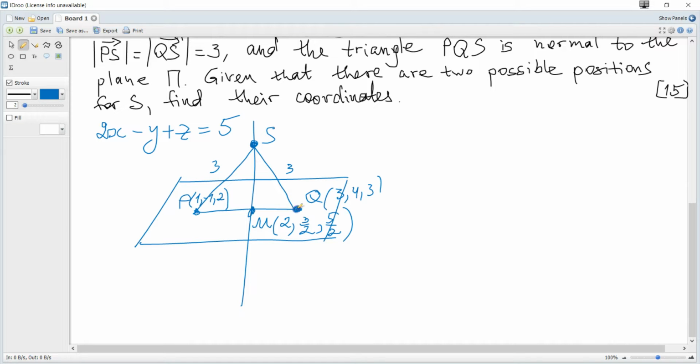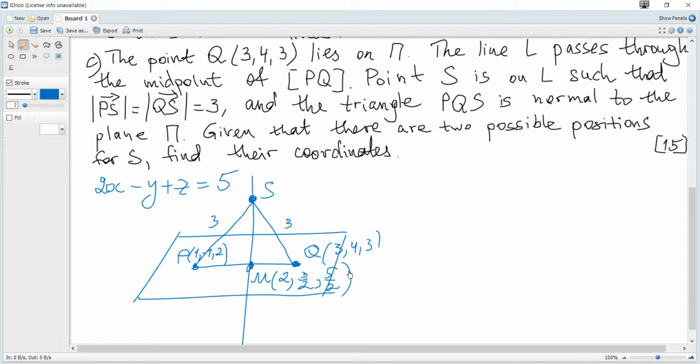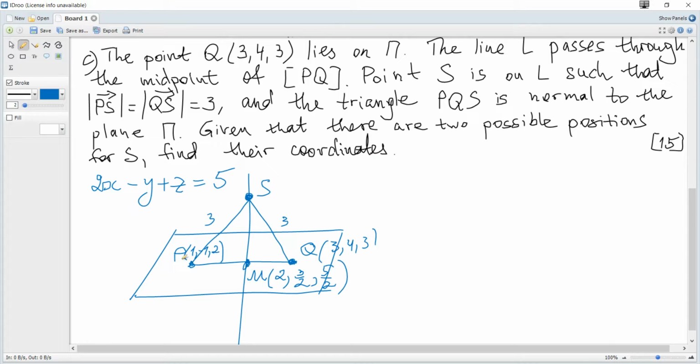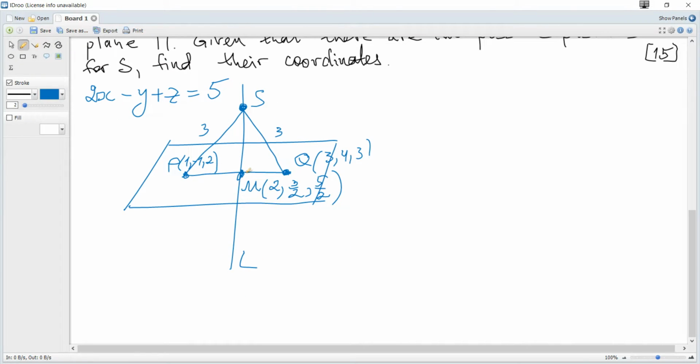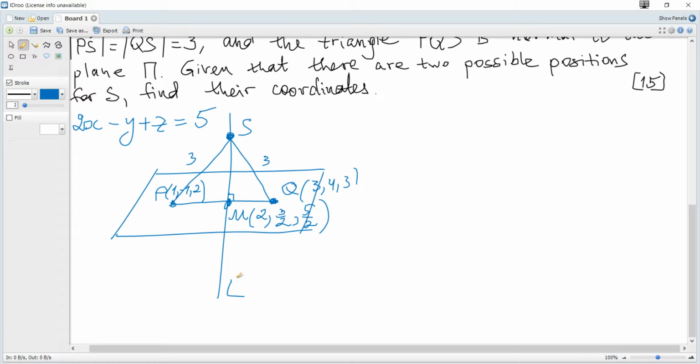and since triangle PSQ is normal, it means that this line through M and S is perpendicular to the plane, and hence the direction vector of this line is equal to the normal of the plane.